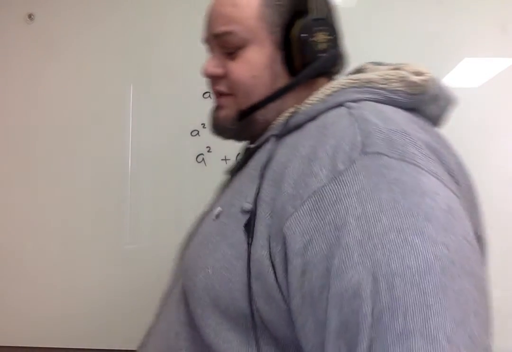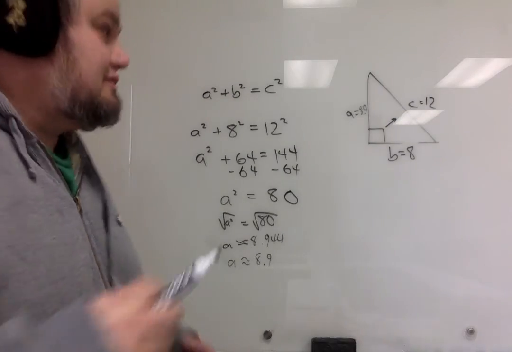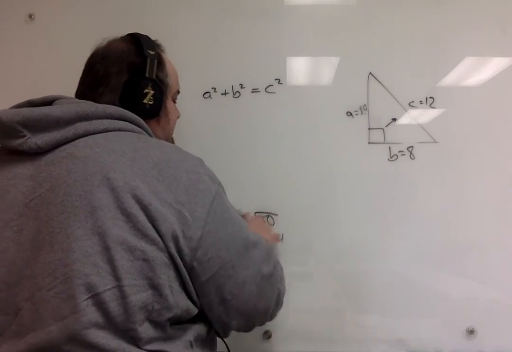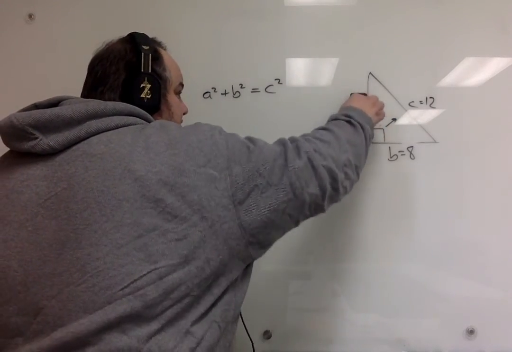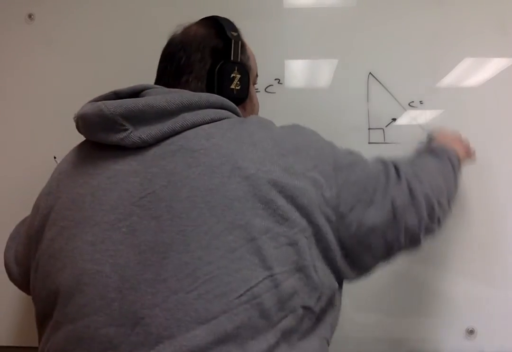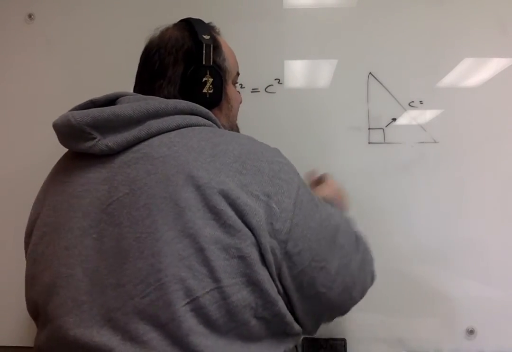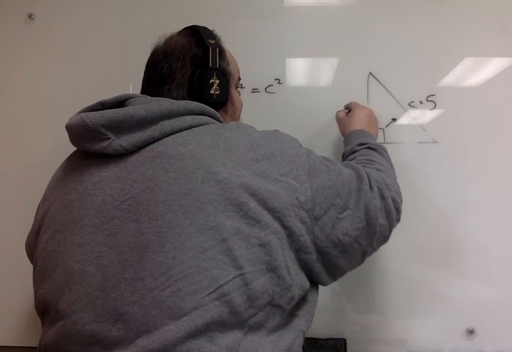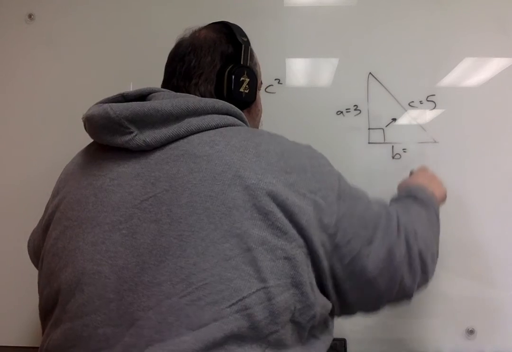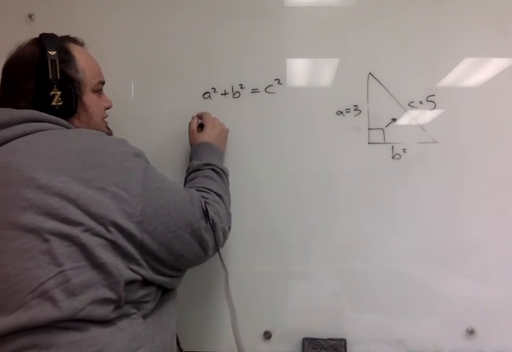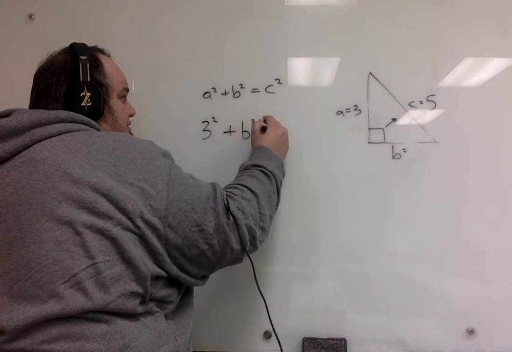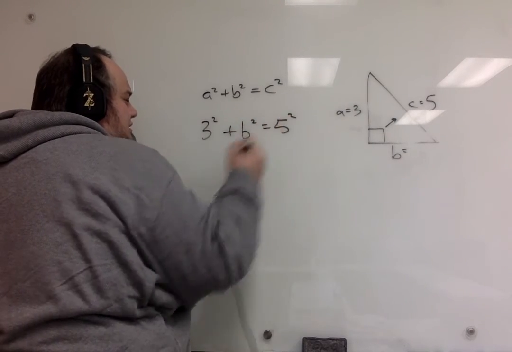Now, the nice thing about this formula is that you can find a or b. Let's look at an example where we don't know what b is. Let's say c is 5 and we know a is 3, but we're not sure what b is yet. Here you would just have 3 squared plus b squared equals 5 squared.